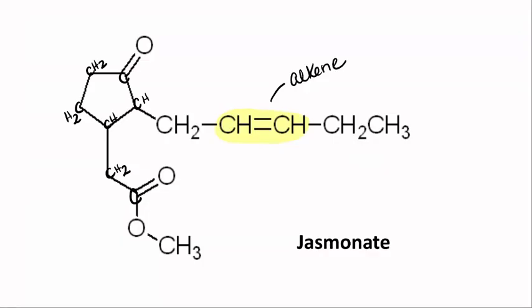As I move throughout the molecule, the next functional group that I identify is a carbon chain connected to a carbonyl, and that carbonyl is connected to an additional carbon chain. That functional group is known as a ketone.